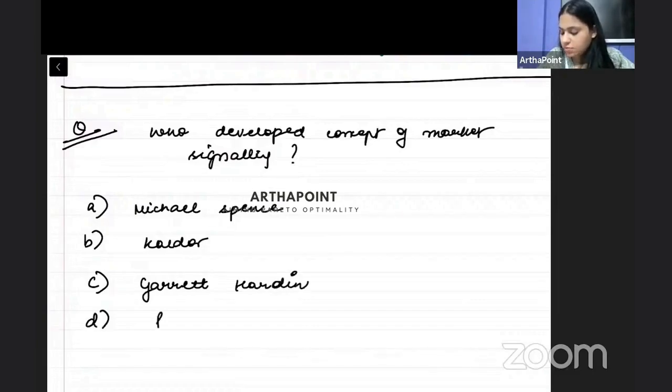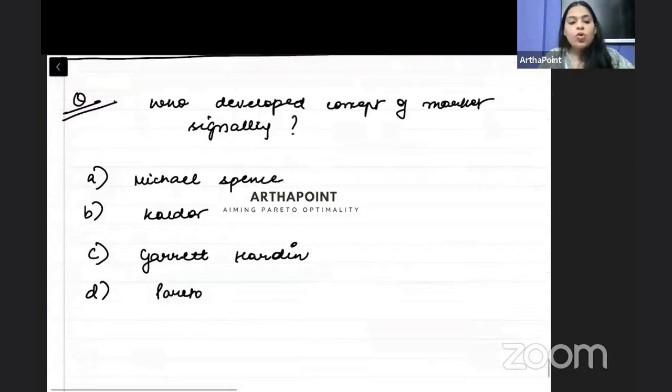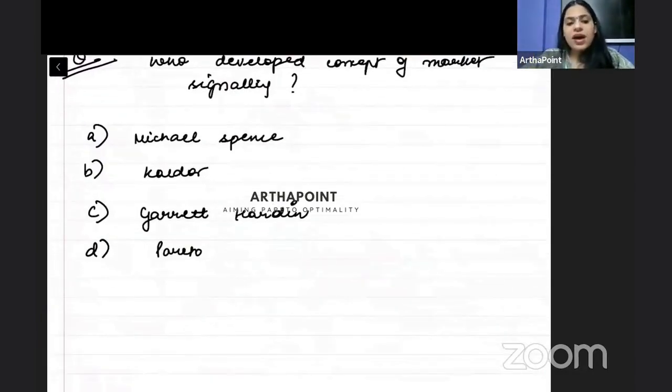And option number D, Pareto. Who developed the concept of market signaling? पहली बारी market signaling के concept को किसने develop किया था? Who developed that concept? Anyone?